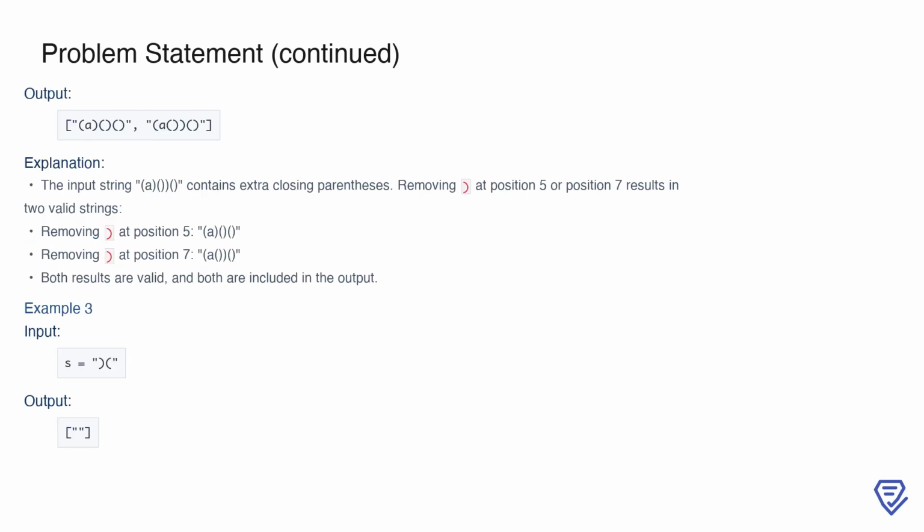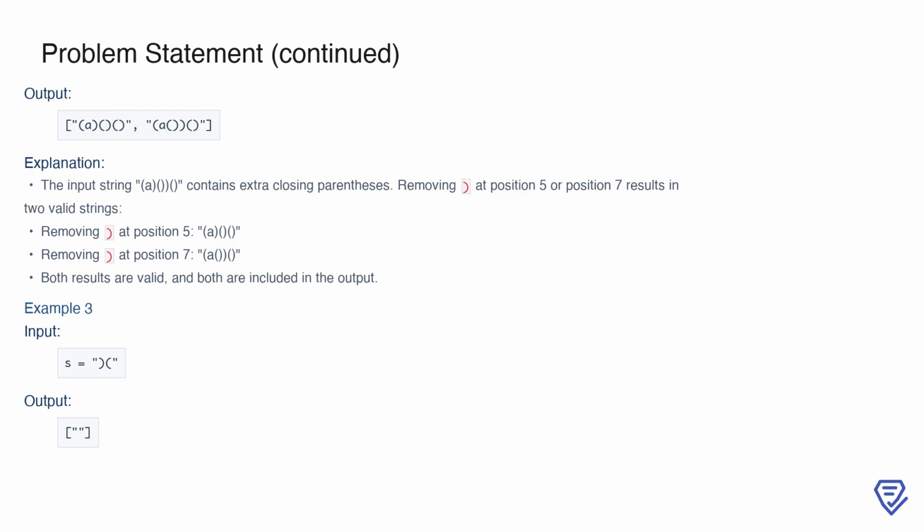Now, consider another example where the input string includes not only parentheses but also the character a. The parentheses in this string are still unbalanced due to extra closing parentheses. By removing the closing parenthesis at position 5, we get a valid string. Similarly, by removing the closing parenthesis at position 7, we get another valid string.